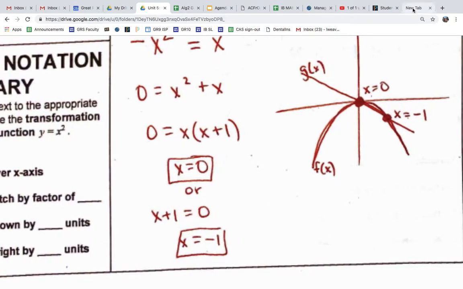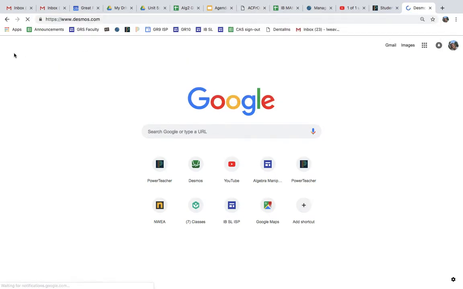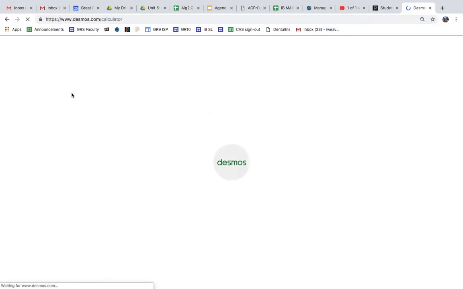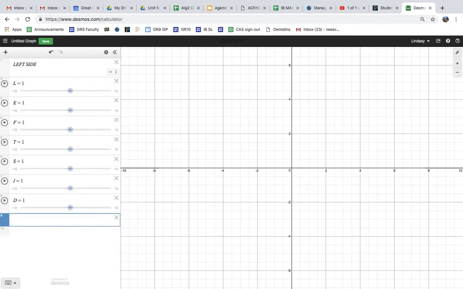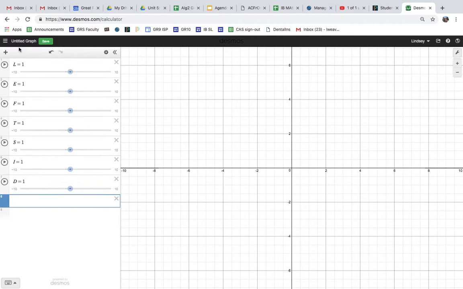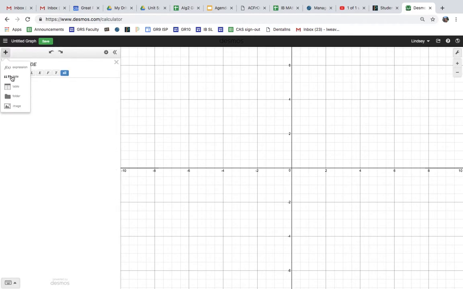I can verify that on Desmos by graphing the left-hand side, which is, whoa, let me redo that. Add note.